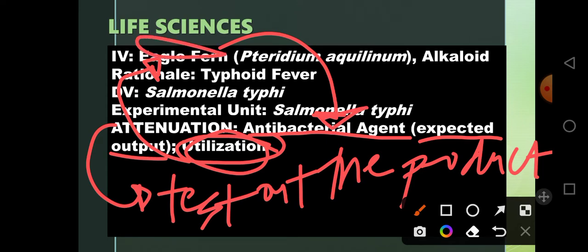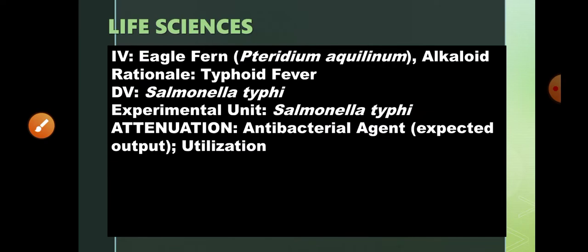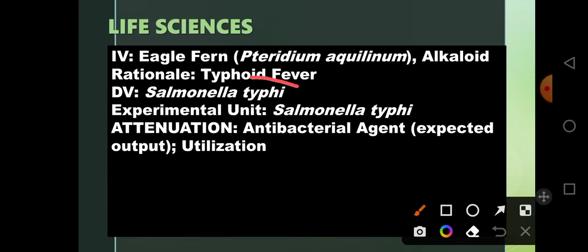Okay? And note, class, our dependent variable is Salmonella typhi. So most of the time, class, our dependent variable will actually serve as our experimental unit. Okay? So that is our main idea.